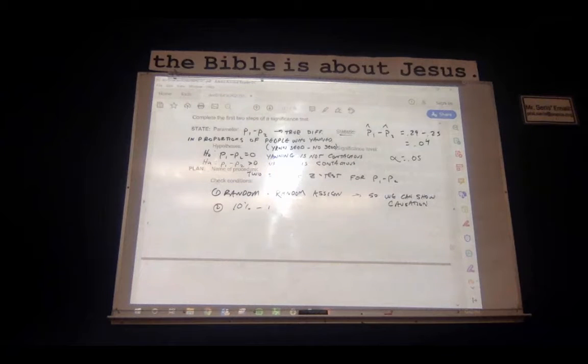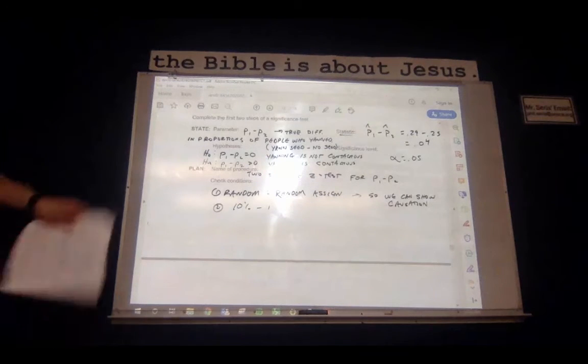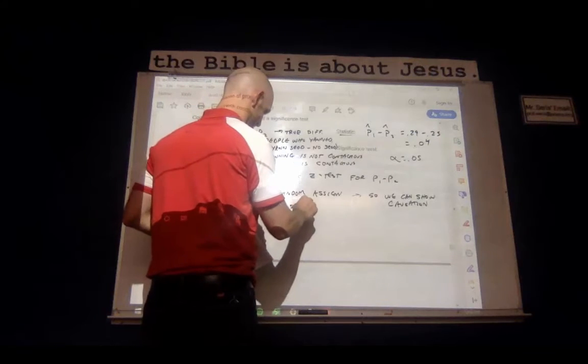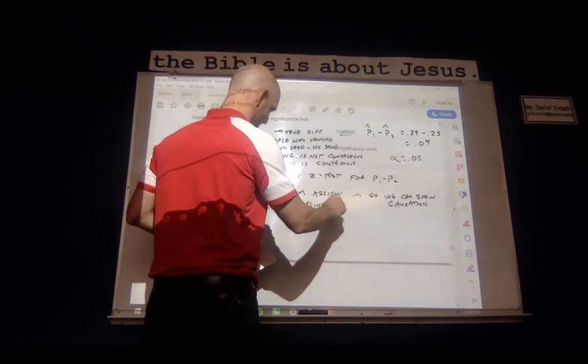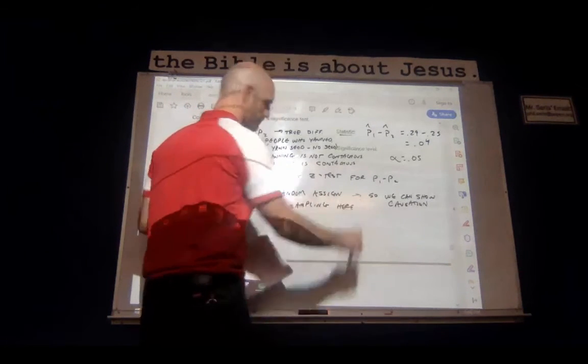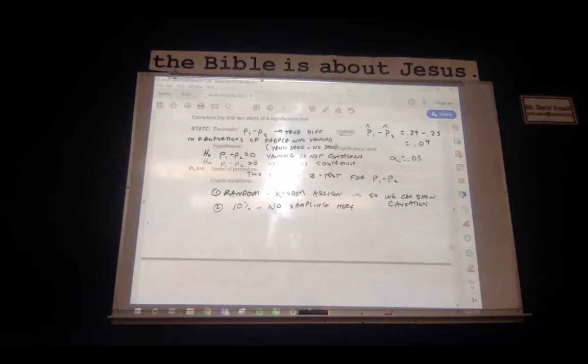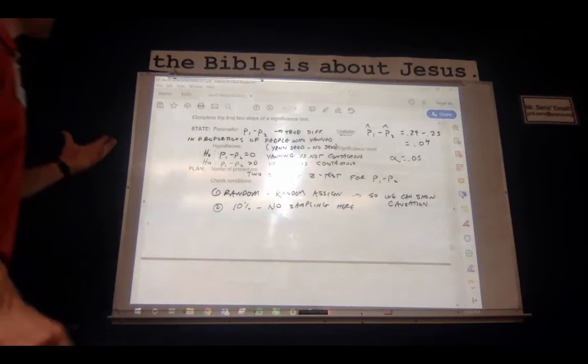Did we pull a group from a population? Well, the population is all the people in the world, but then that would have bias. So we can't do it? We don't have to check it in this case because we don't have sampling here.